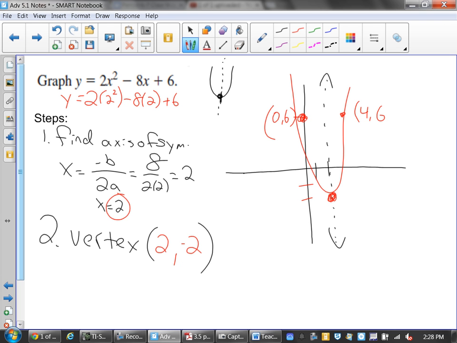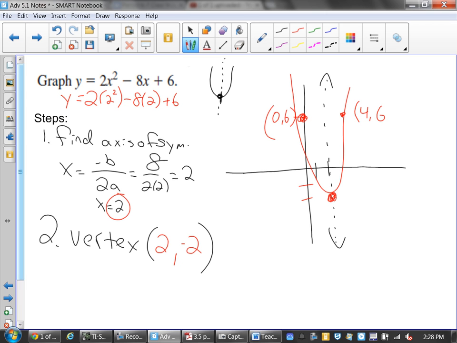Therefore, it's going to have the exact same y value. It has to, because math doesn't lie. And that's how you graph in standard form. You give me a vertex, you give me an axis of symmetry, and a pair of symmetrical points. I just fudged the graph. It's not pretty. It's a generic representation of what it should look like.